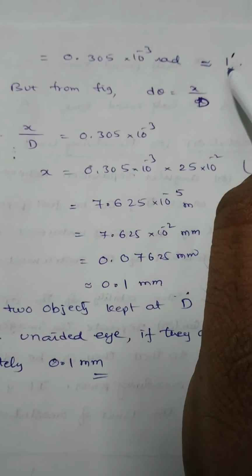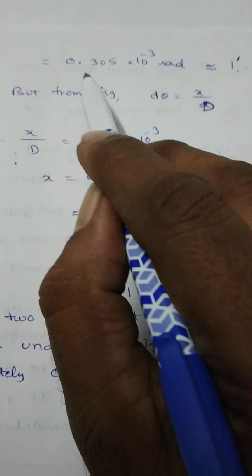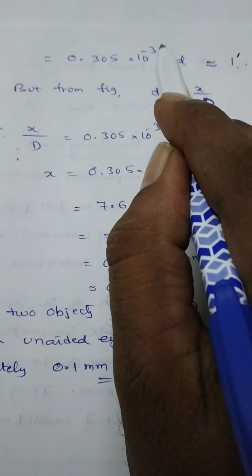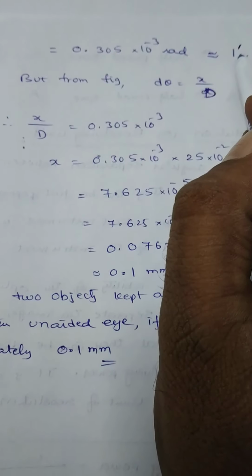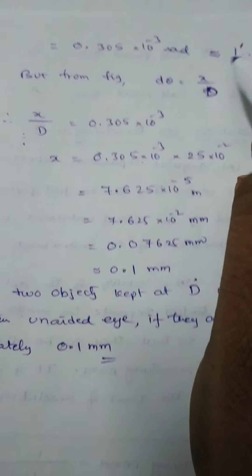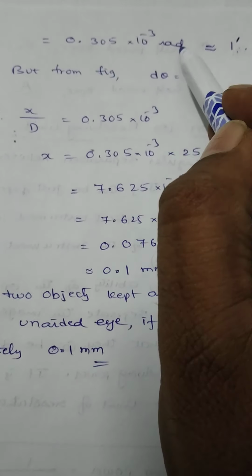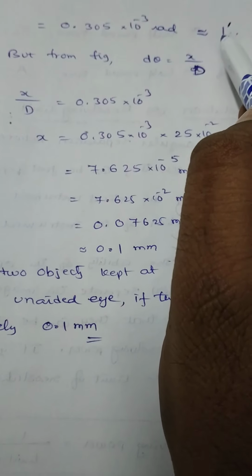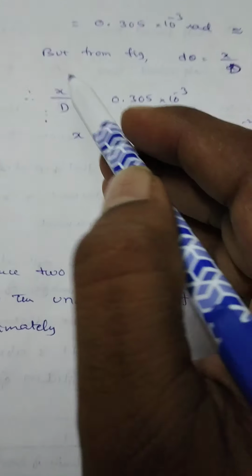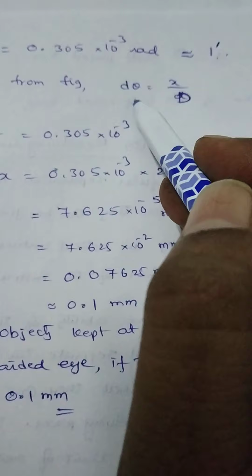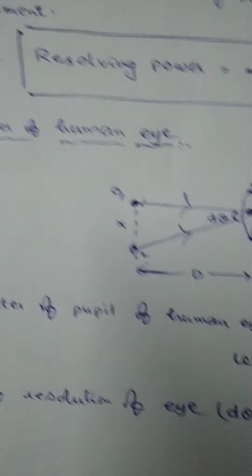Remember, 1 minute in radians is 0.305 into 10 power minus 3 radians. This is useful when solving problems. It is compulsory that the angle should always be taken in radians, not in minutes or seconds. From the diagram, d theta is equal to x by D. If theta is very small, tan theta is equivalent to theta.